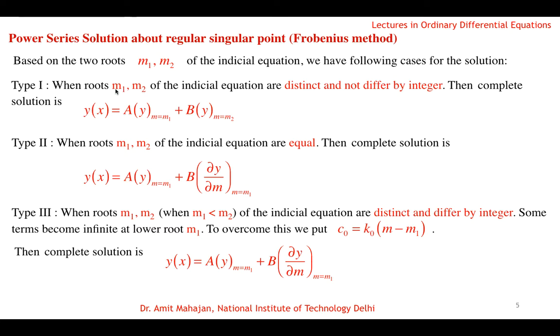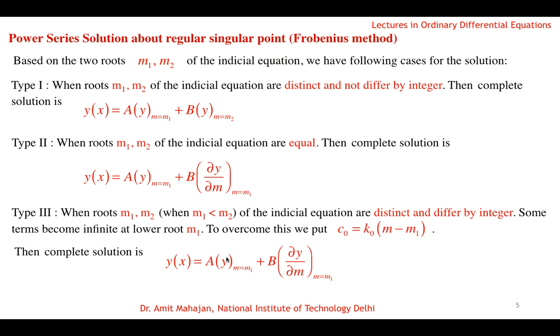When the roots are distinct and do not differ by an integer, the solutions are calculated separately at both roots and then combined linearly. If the roots are equal, the solution is calculated at one of the roots and then the derivative with respect to m at that root, and their linear combination is taken. If the roots are distinct but differ by an integer, we plug in the constant c naught as k naught times (m minus m1), where m1 is the smaller root.